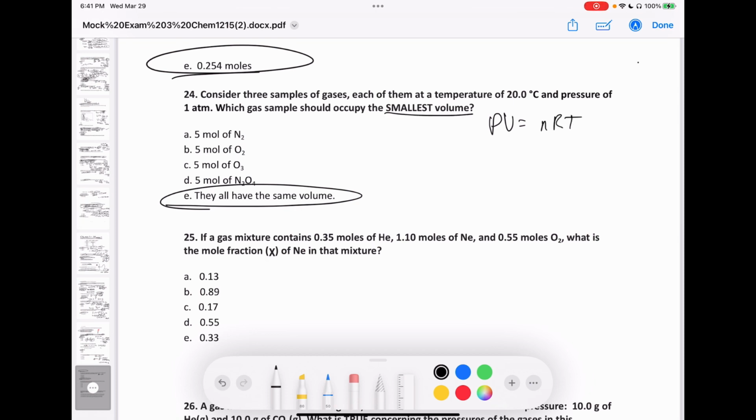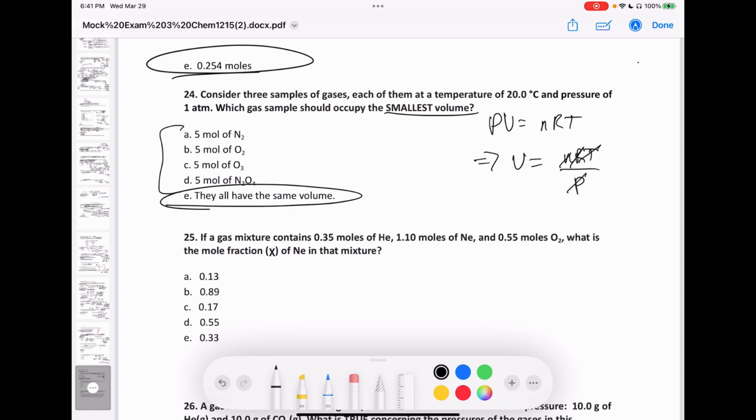So we're looking at volume, so we want to solve for that. The volume is equal to nRT over P. All right, so we have the same moles in all these scenarios, so moles doesn't affect anything. R doesn't really affect anything, it's the same. They're all at the same temperature and they're all at the same pressure.